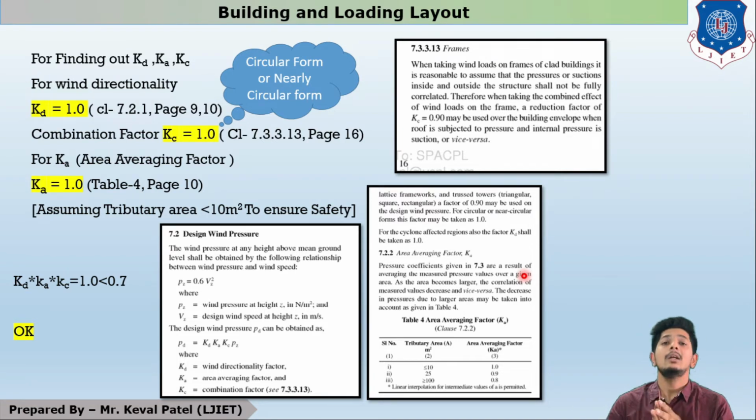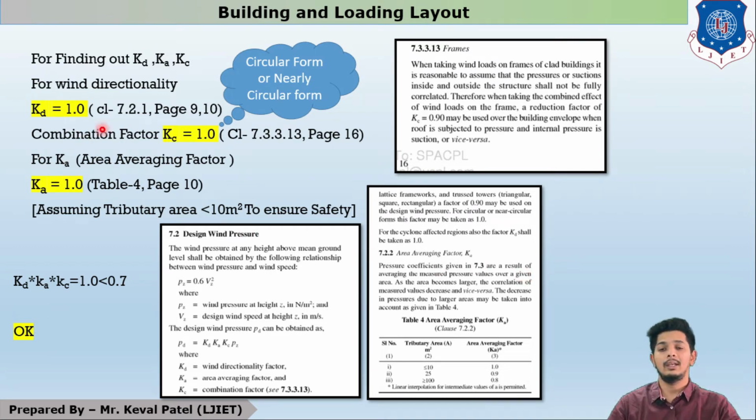Generally, this factor depends upon tributary area. If the tributary area is large, then the pressure coming to the building will be lesser. If the tributary area is very small, like if you open the window very little, the wind pressure will be much more than when you open the window more. It works like that. So here, for safety reasons, Ka will be taken as 1.